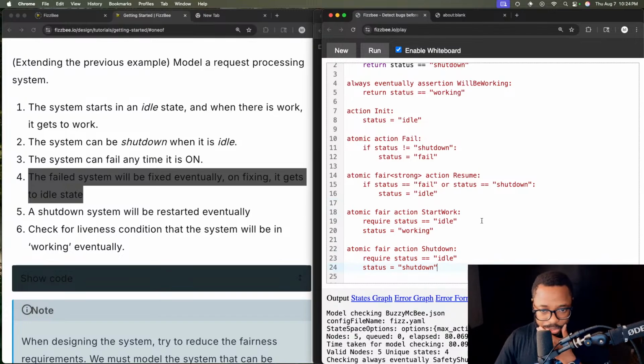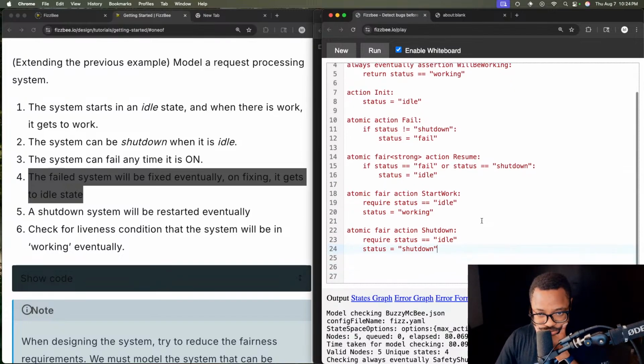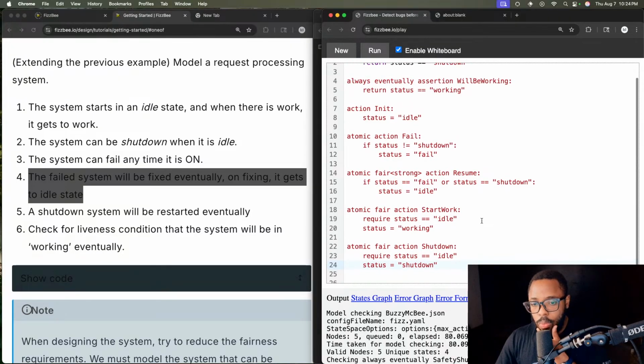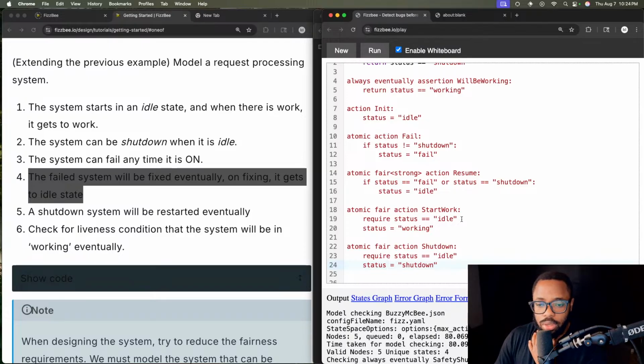But now, does that actually solve the problem? So this is saying if the system continuously enables idle, then for the sake of fairness, it has to transition to working at some point.